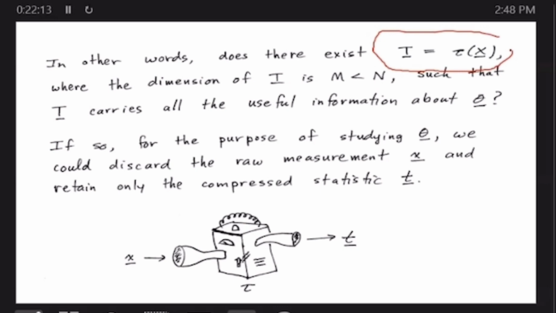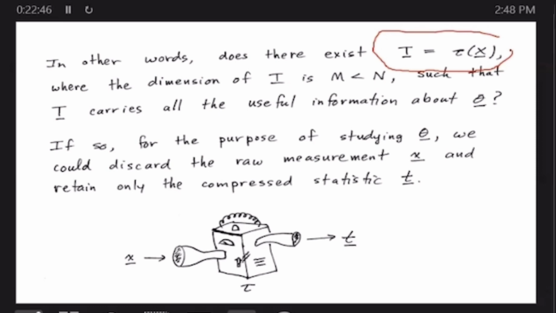Therefore, depending on the number of parameters we want to figure out, we're going to have a corresponding number of sufficient statistics. Now we said that a sufficient statistic carries all the useful information about theta. Even though we have summarized, it possesses all the useful information about what we're looking for. And that is why we say it is sufficient.